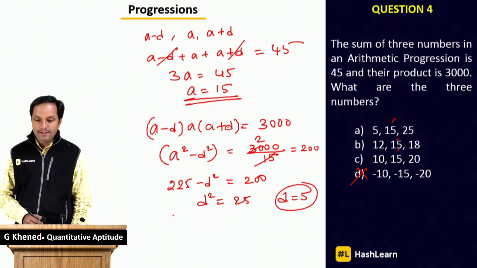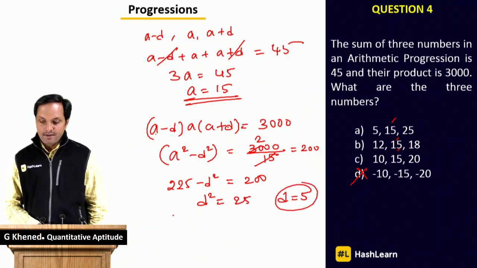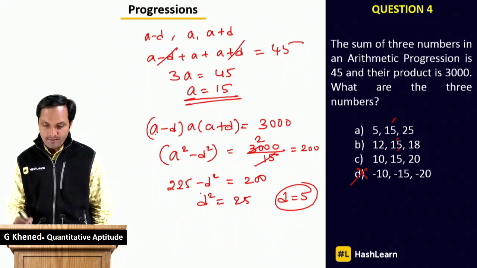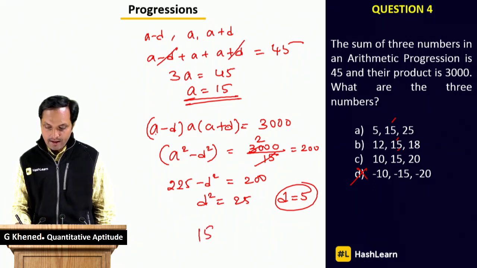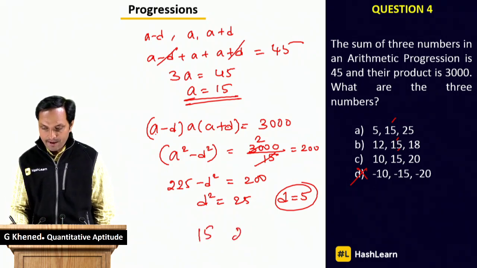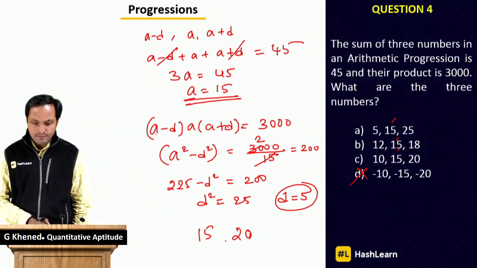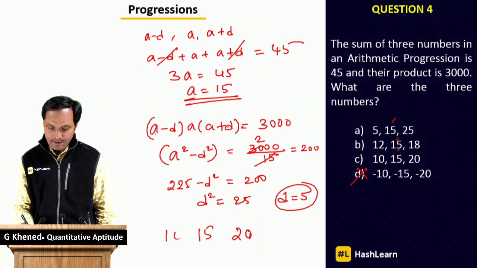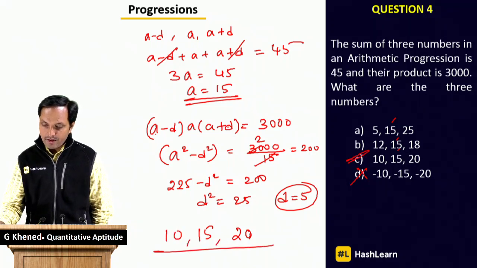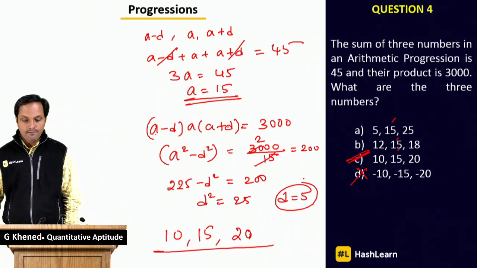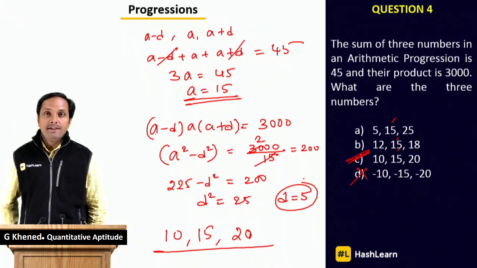If you take D as 5, what happens? Simple: A will be 15, A plus D will be 15 plus 5, that is 20, and A minus D, 15 minus 5, is 10. So that is your option C. The common difference is 5.